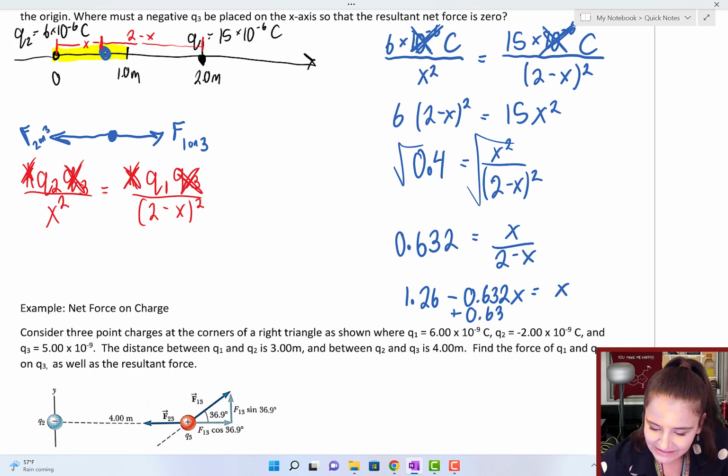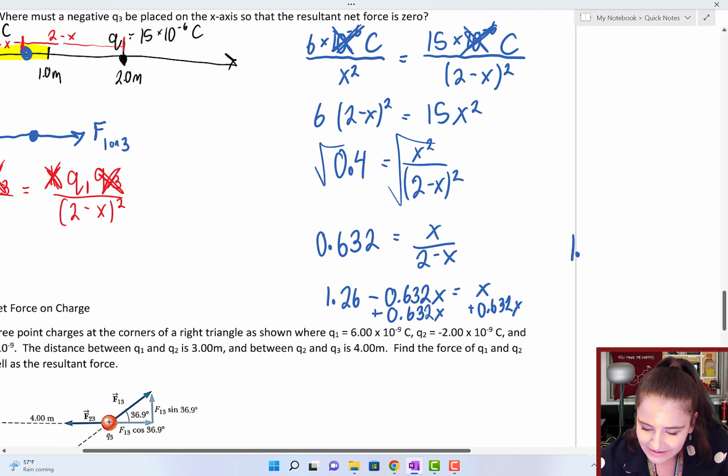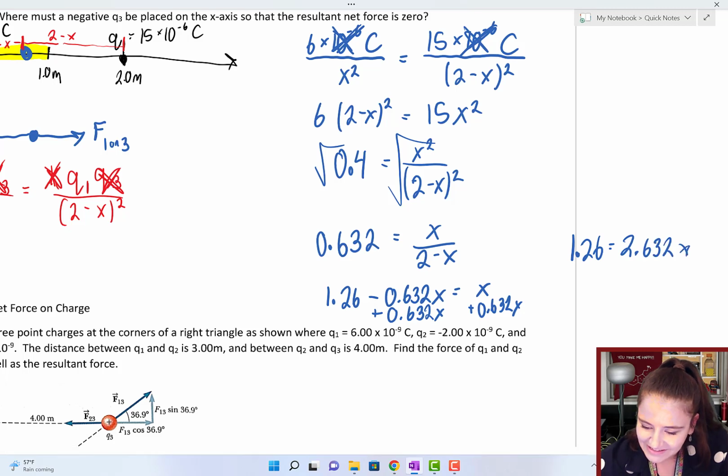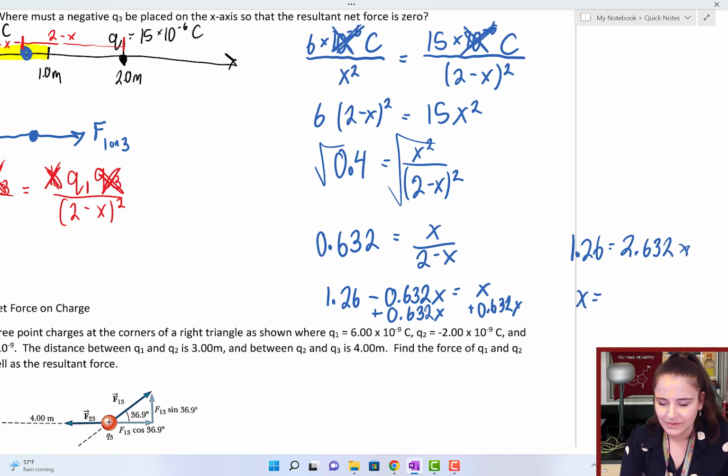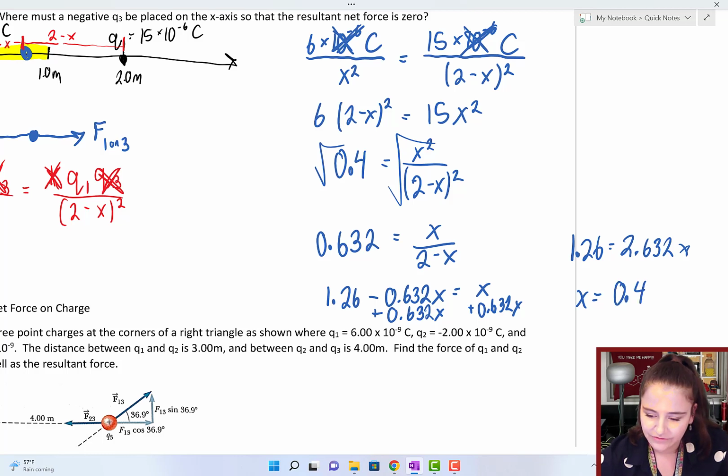We add the 0.632x to both sides, which gives us 1.26 equals 2.632x. So x equals 1.26 divided by 2.632, which is 0.48.